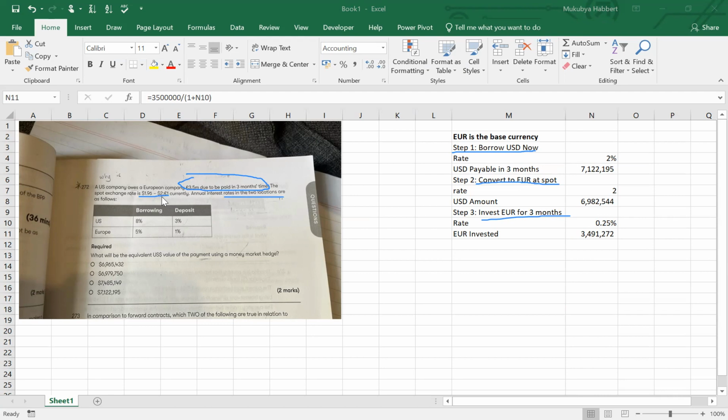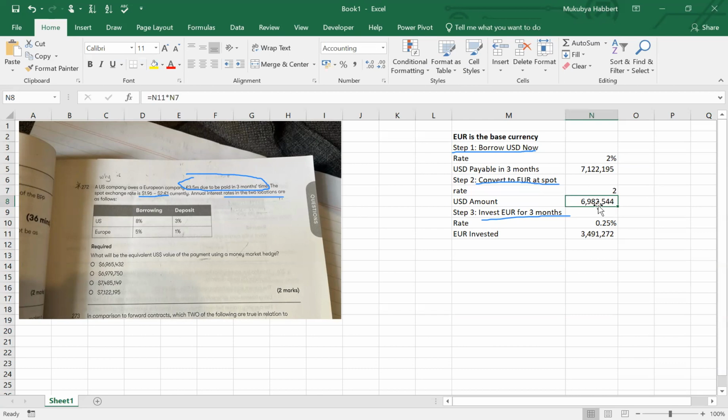That's why we're using the 2. The bank is selling at 2. So now to get the dollar equivalent, of course, you multiply. As we said, you multiply the rate, which is 2, by the euros, because we are converting to dollars. That means that we need to actually have 6.982, and this is how much dollars we are going to borrow.